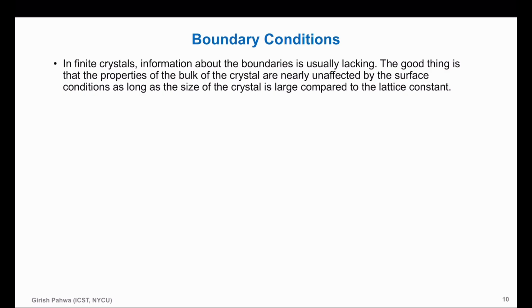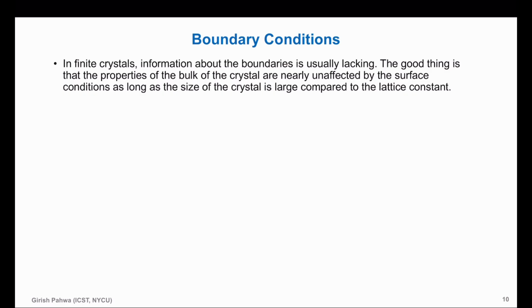What happens at the surfaces does not matter for what happens within the bulk, because most of the bulk is away from the surfaces. That gives us some flexibility to choose convenient boundary conditions, because the properties of the bulk are not affected much, and we will choose boundary conditions that are going to be easy to work with.